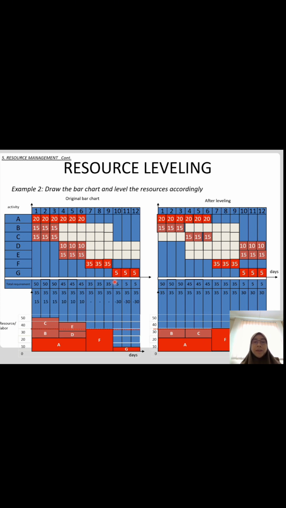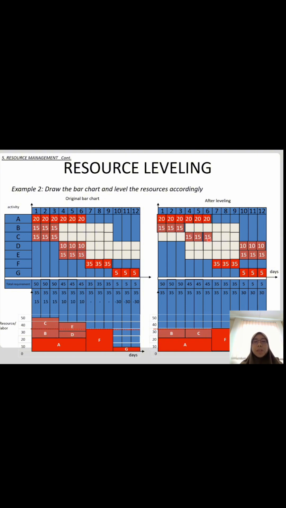Okay, the number of labor, we can move activity B, activity C after B, at day 4 to 6, since activity C has 6 days of float.